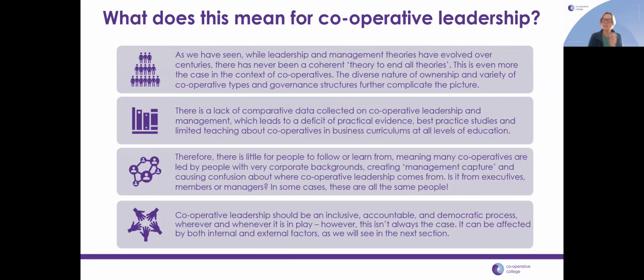But because of the diverse nature of cooperatives, with so many different cooperative types and lots of different governance structures, applying an off-the-shelf leadership theory to a cooperative creates a mismatch. And also, there is a lack of data around cooperative leadership.